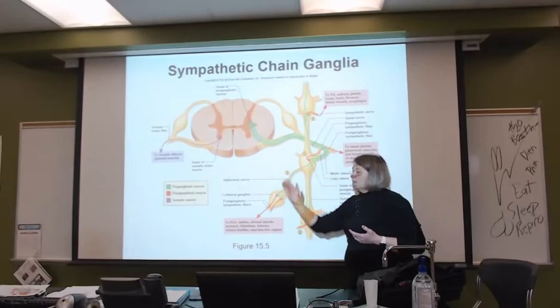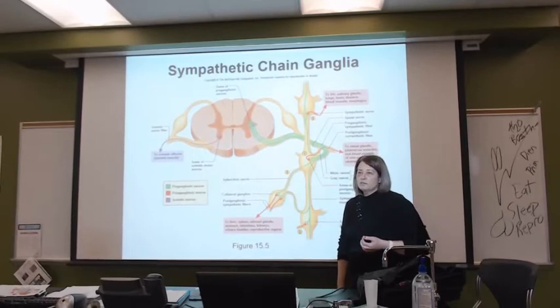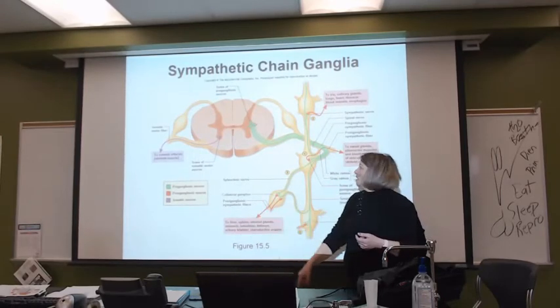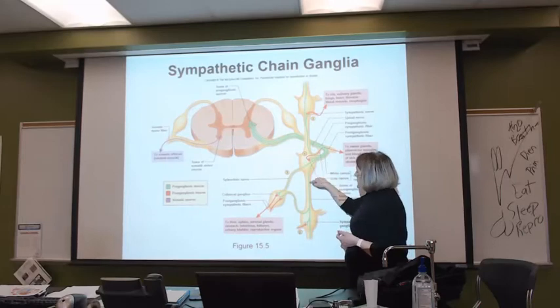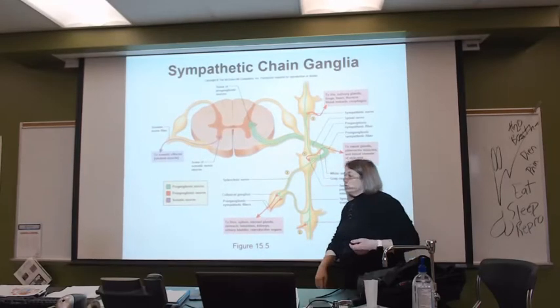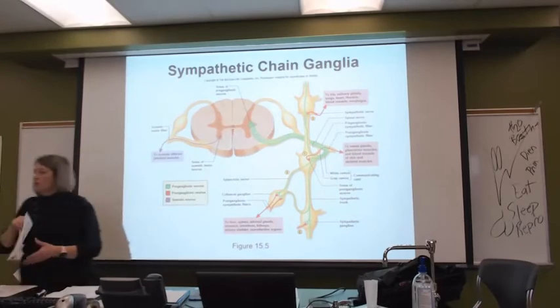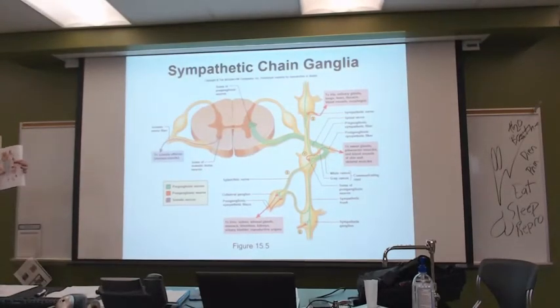They synapse and go to target organs, which we saw. The last one, boom, boom, boom, move down, move down, move down. We saw one of the things that could happen is the green could go down and make its way to pelvic organs. Kind of cool.